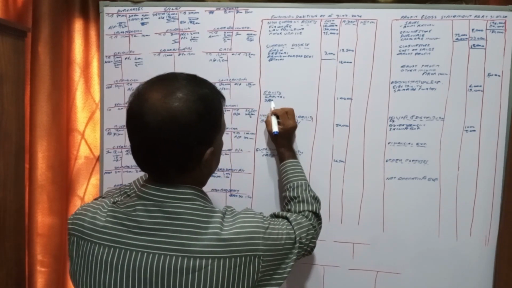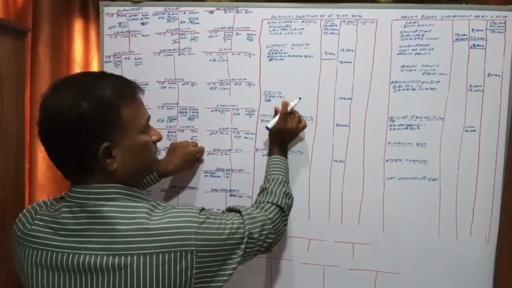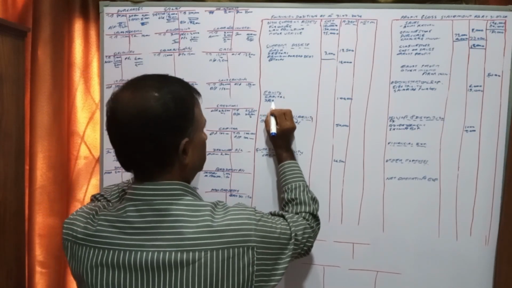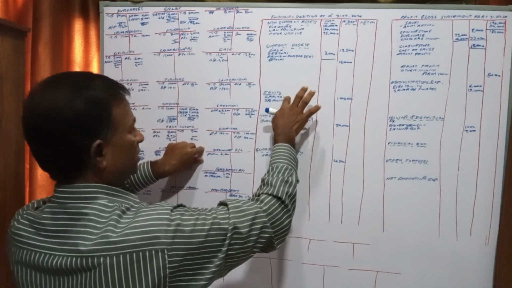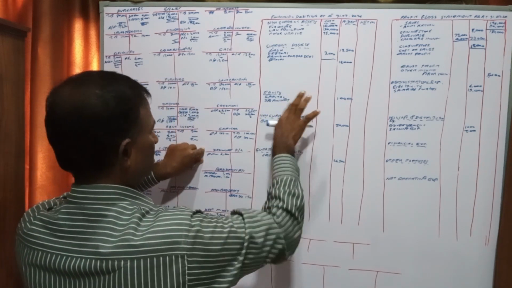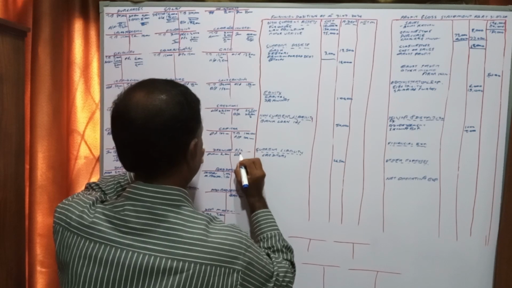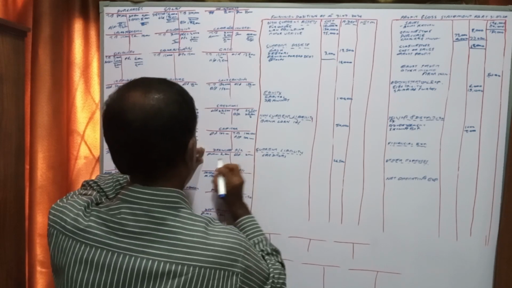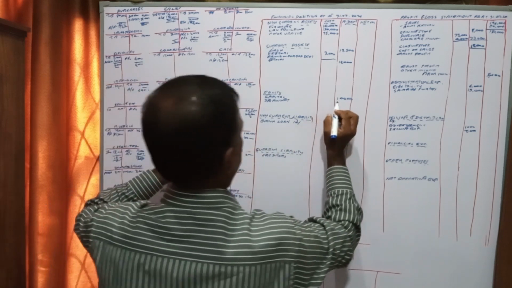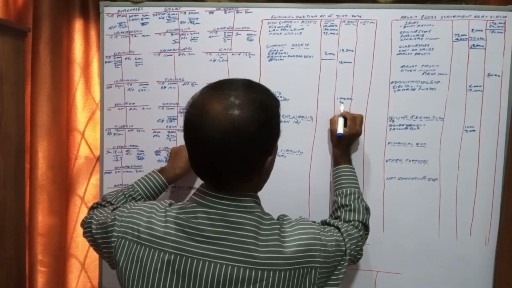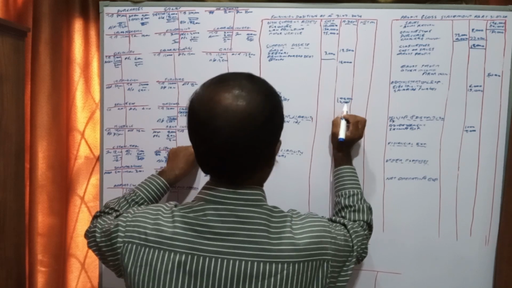Drawings we have to deduct under the capital. This is owner's capital, so owner's drawings are shown under the capital. Okay, 2,000, deduct 2,000 from drawings.